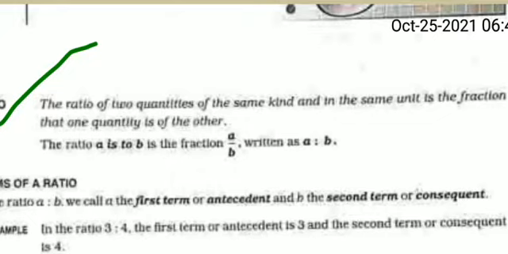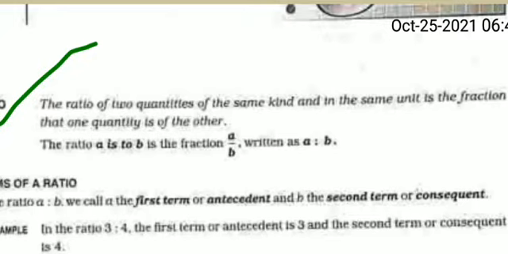So students, the statement here tells that a ratio always belongs to two quantities, and remember, these two quantities should be of the same kind. Not only this, the unit also should be the same.